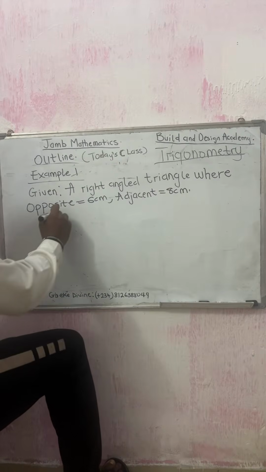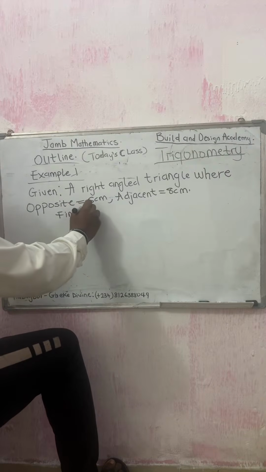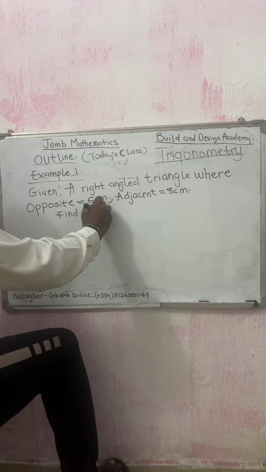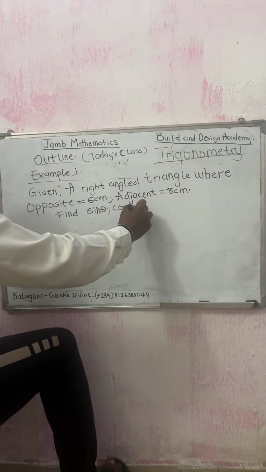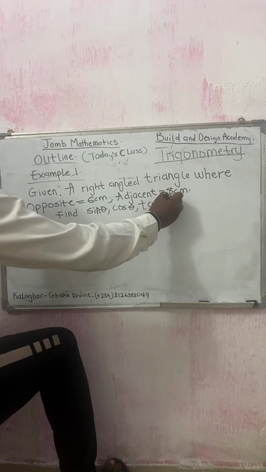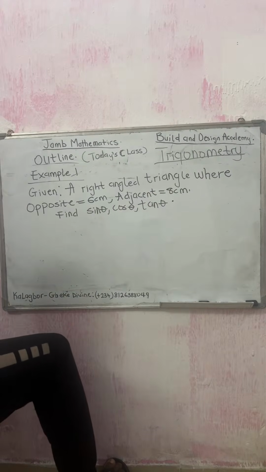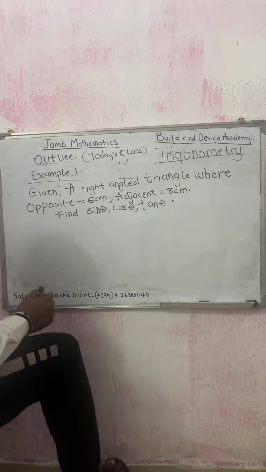So they say we should find sine theta, cos theta, and tan theta. So what is the first thing we'll do when we see this type of question?